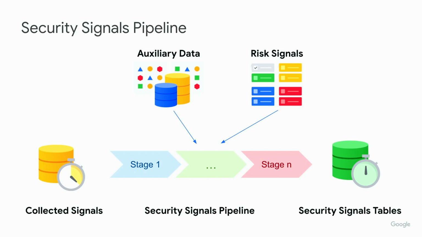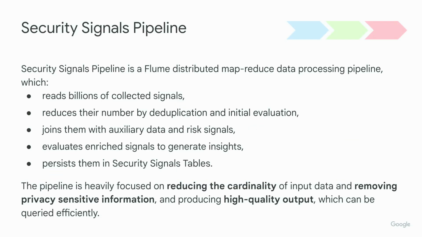The reason why it has so many functionalities is that not everything can be done during the collection time, because, as I mentioned, we cannot cause any performance trouble for GFE. We cannot slow down GFE in its work. So some pieces of the work are moved into the pipeline, as you will see. What this pipeline is doing, it's reading data.